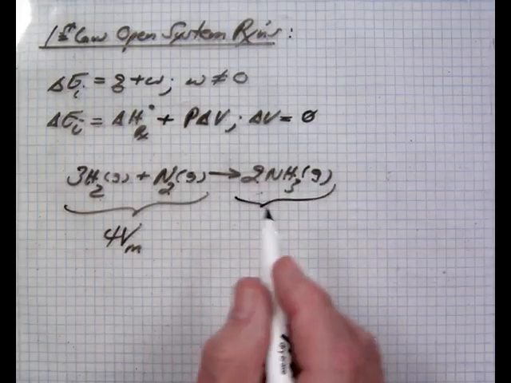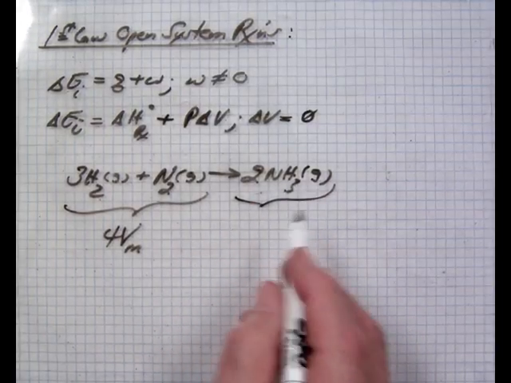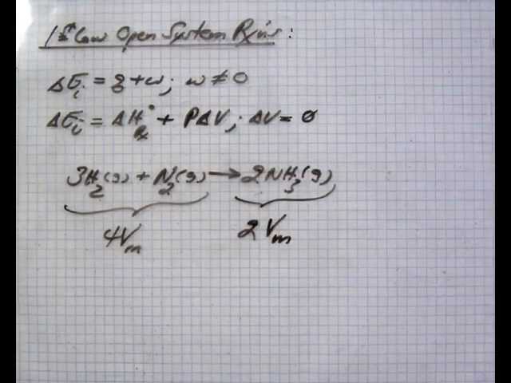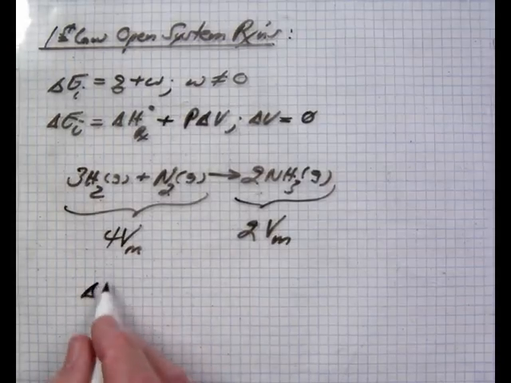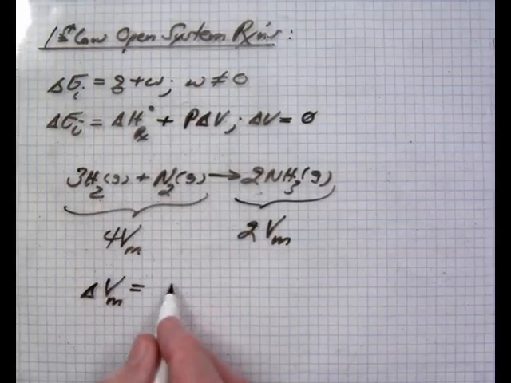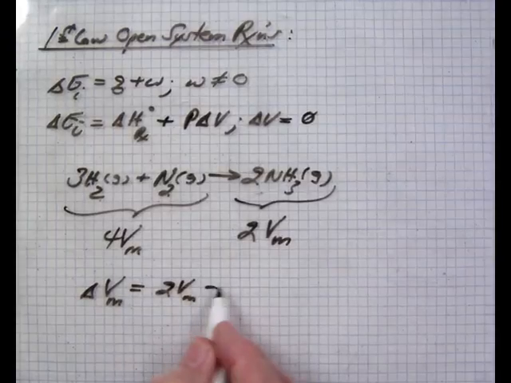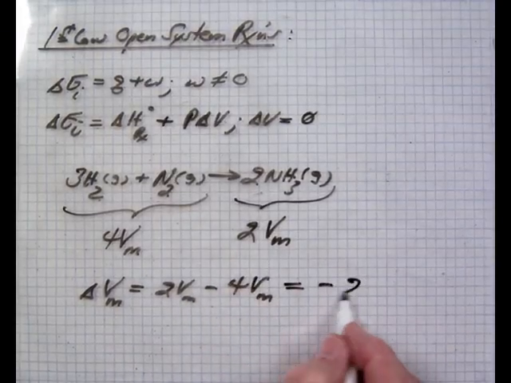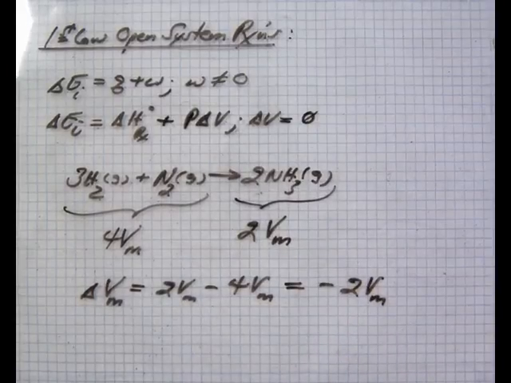On the product side, you have 2 moles of gas, which means 2 molar volumes of ammonia. So the change in molar volumes is 2 Vm minus 4 Vm, and that equals minus 2 Vm. That ain't 0.